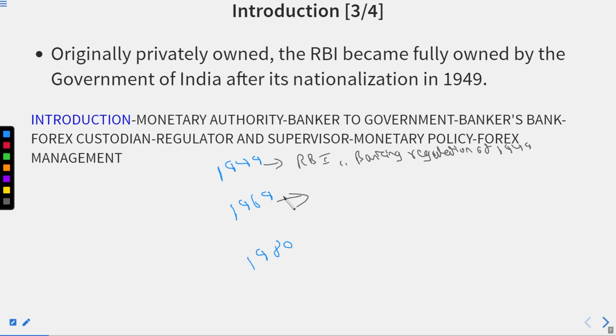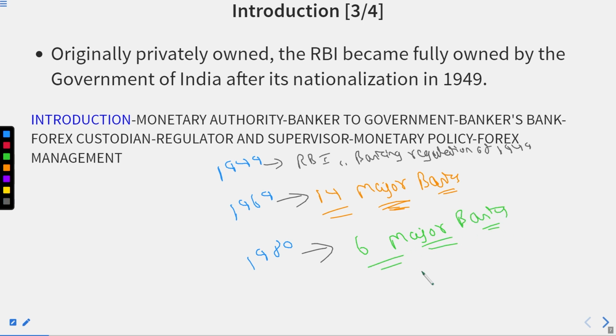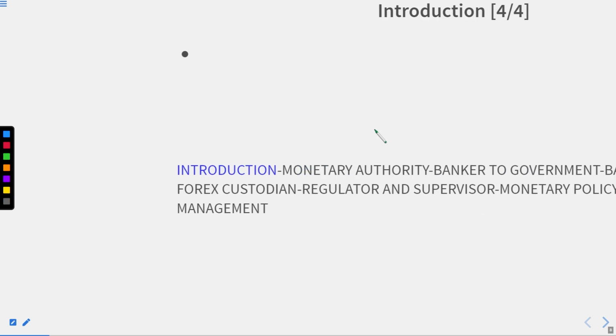The second phase was 1969, when 14 major banks were converted into nationalized banks, and thereafter in 1980 six other major banks were converted. So in 1949 the privately owned RBI was converted into a nationalized bank and put under the control of the Ministry of Finance.